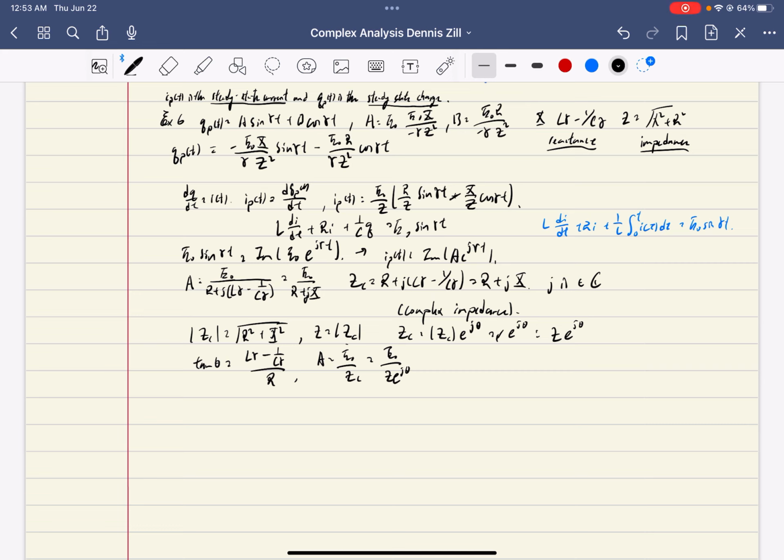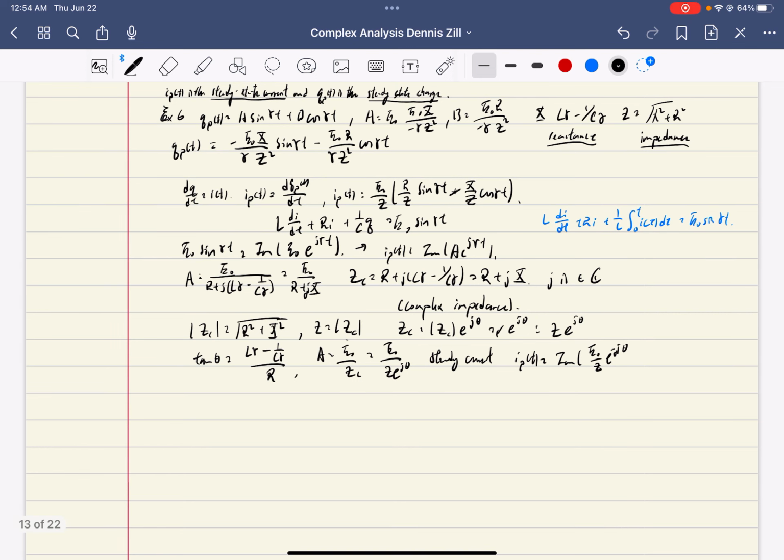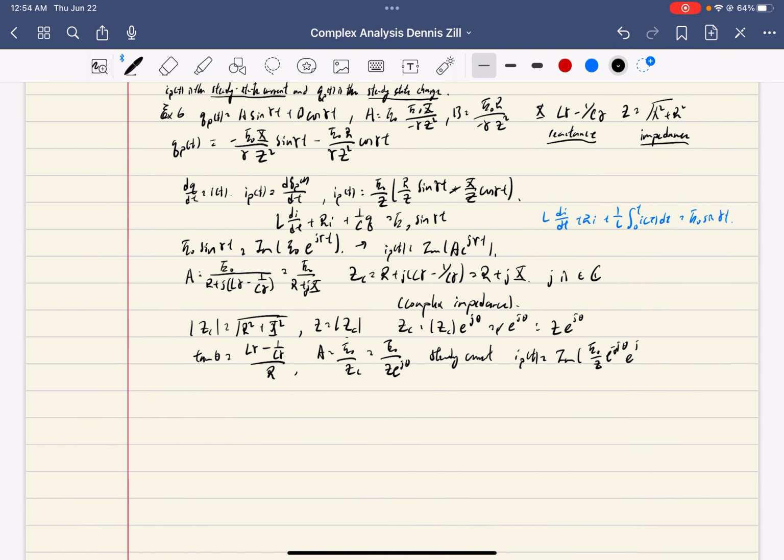So your steady state current, but it's just steady current, is equal to the imaginary component of E naught over Z, and you have e to the minus j theta, multiplied by e to the j gamma t, right? And now we're finished.